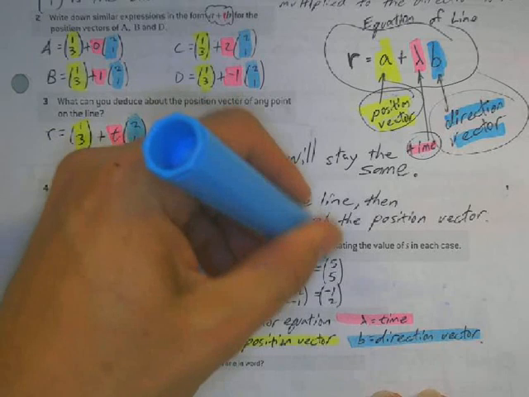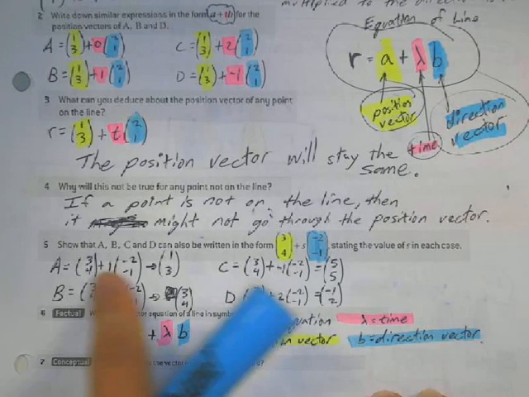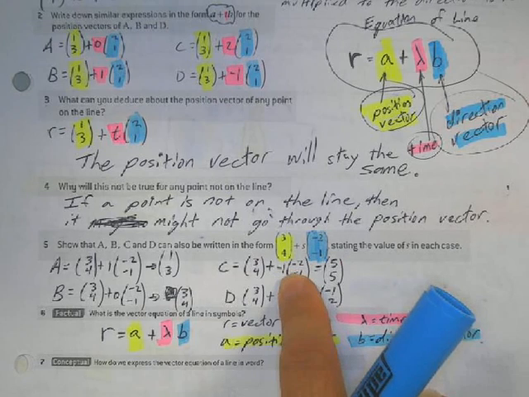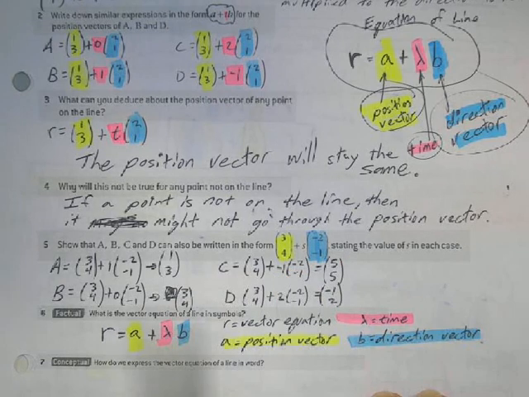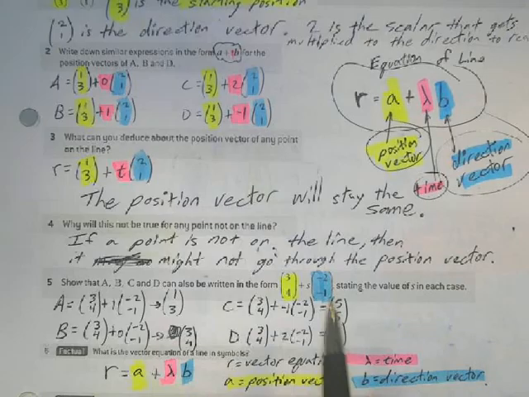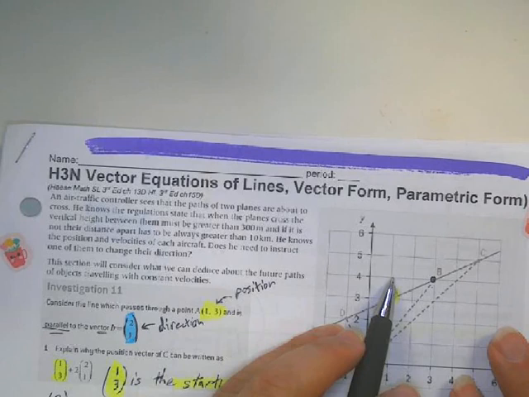For all of these points to stay on this line with these parameters, (3, 4) has to be on the line, which if we go to the picture, we can see that it is. 3 and 4 is right there. That's on the line. And (-2, -1) means I'm going to the left 2, and -1 means I'm going down 1. So that is on the line.